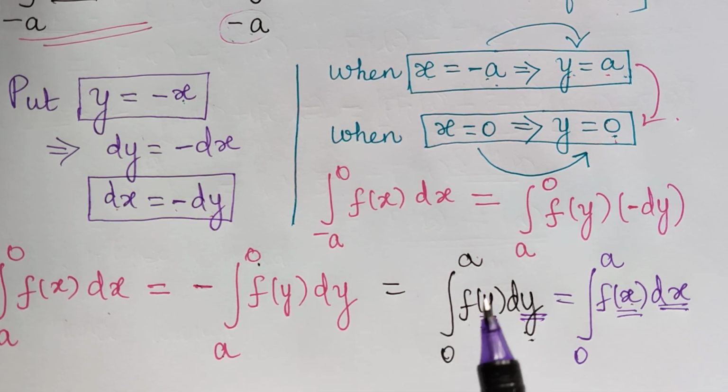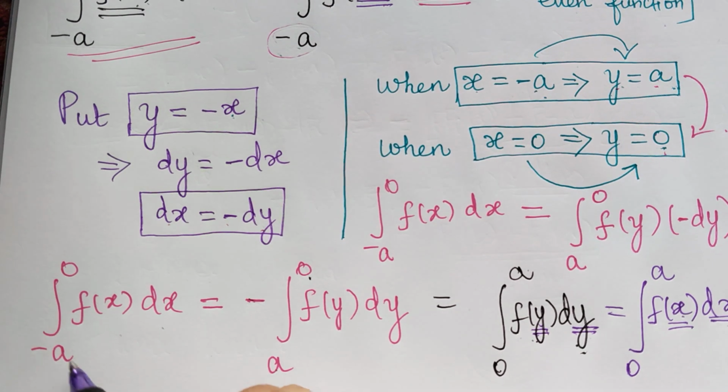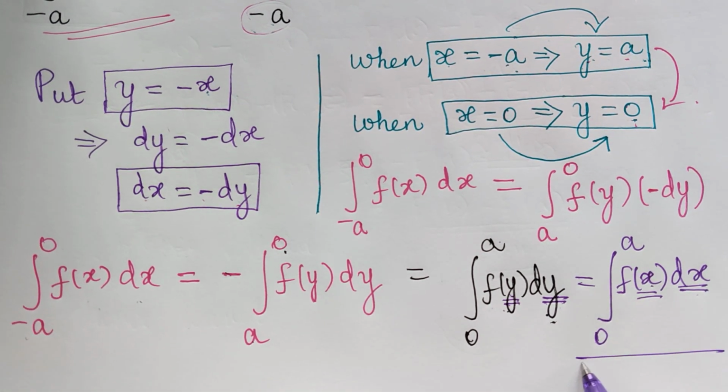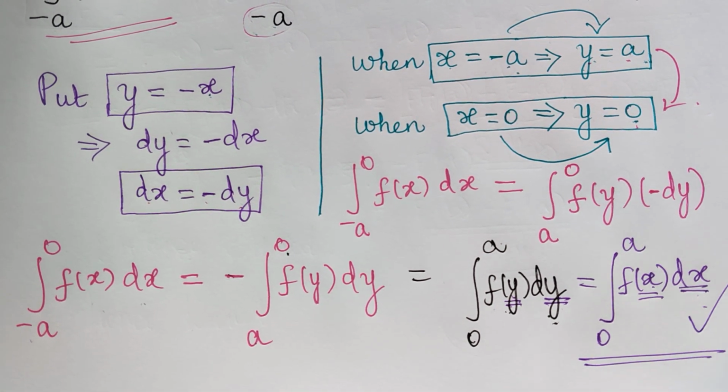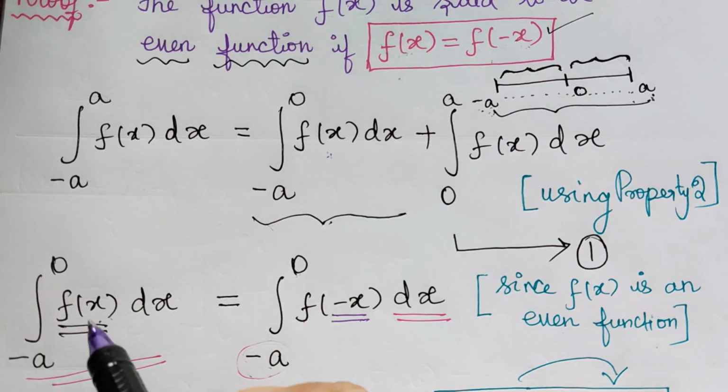I have just changed this integral as integral 0 to a f of x dx. Now integral minus a to 0 f of x dx is equal to integral 0 to a f of x dx. This we can take and substitute over here, because this was the integral that we had taken separately and we have evaluated it.